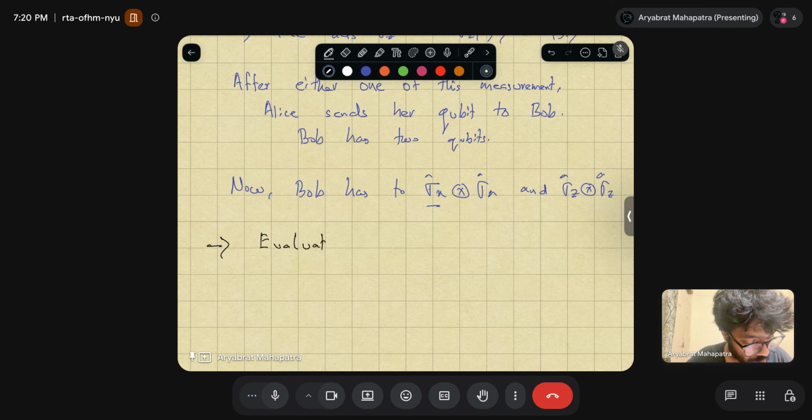So this is what we wrote initially, this is how we represented phi plus and minus. If you see, there will be a minus sign right here. So this is phi plus, and if I replace it with minus, it will become phi minus.